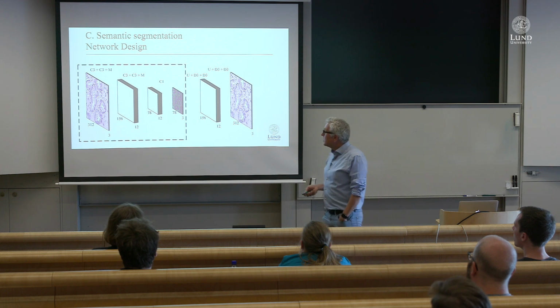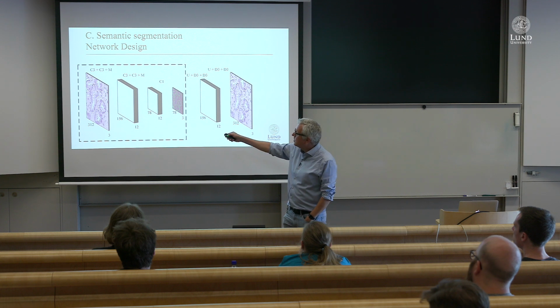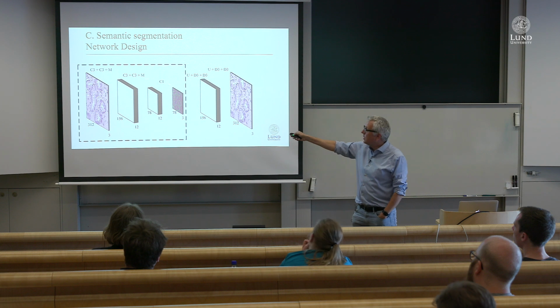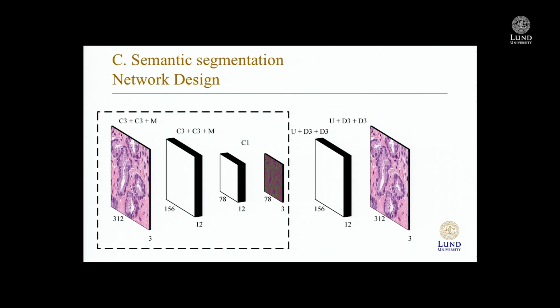Okay, one such attempt is built upon having a slightly different architecture. Again, you throw in an image and you do a few layers of a deep convolutional neural network, but then you upsample it again, so that the end result is not a class. The end result is an image.